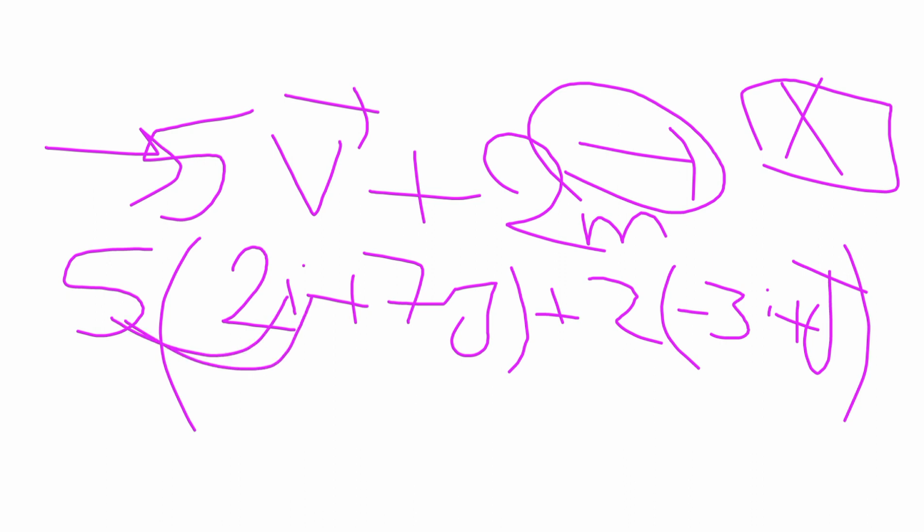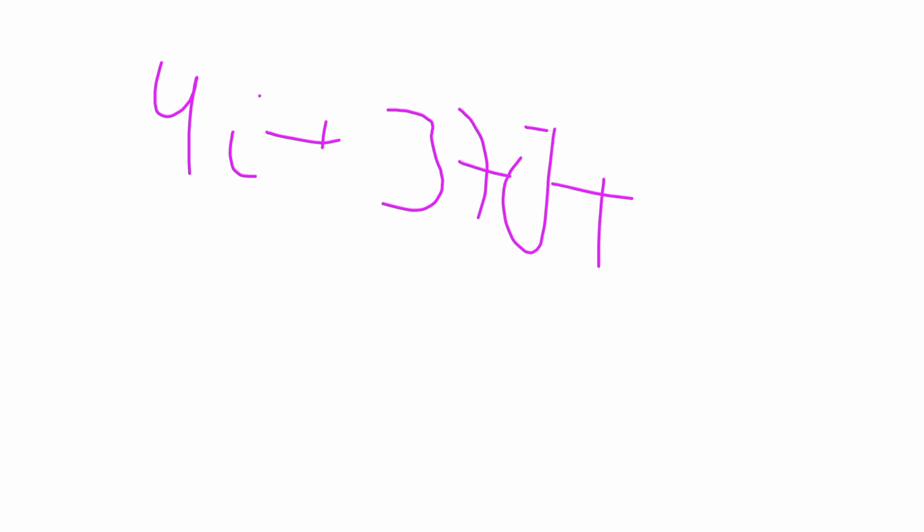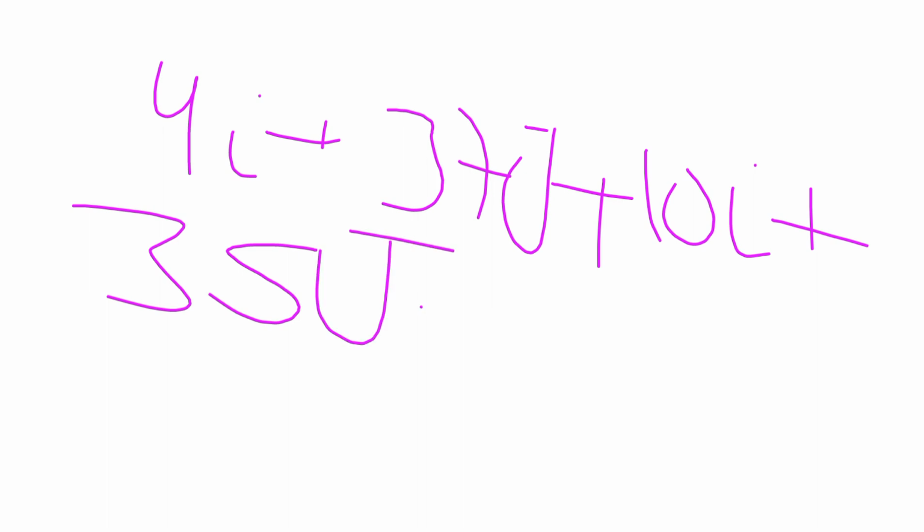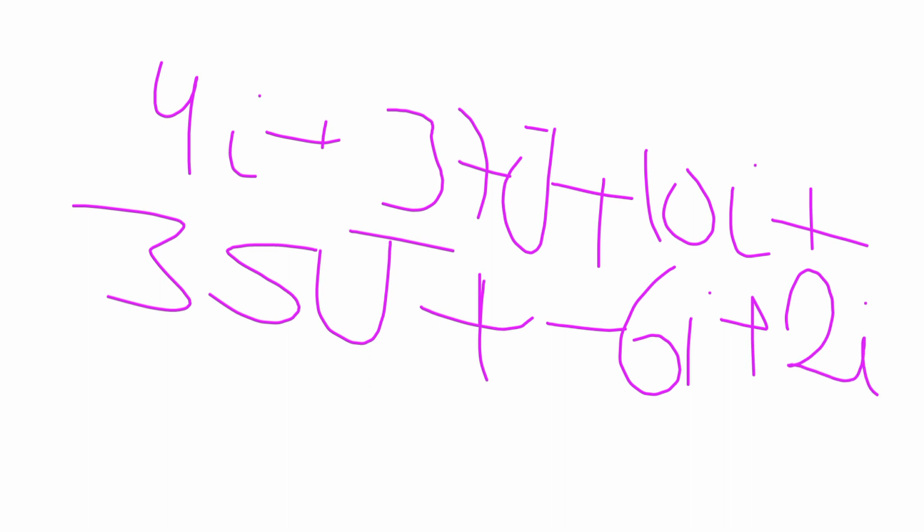Now I distribute. My distribution is 4i plus 37j plus 10i plus 35j plus negative 6i plus 2i.